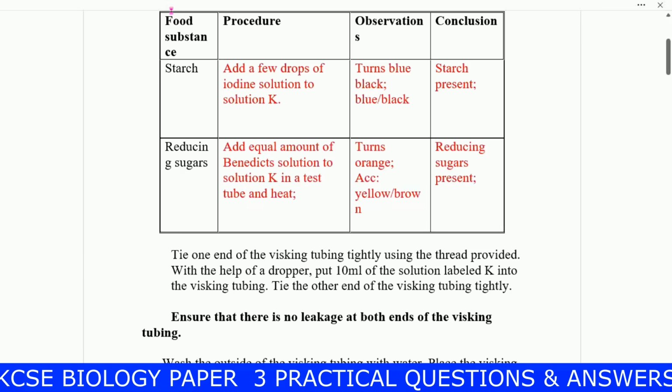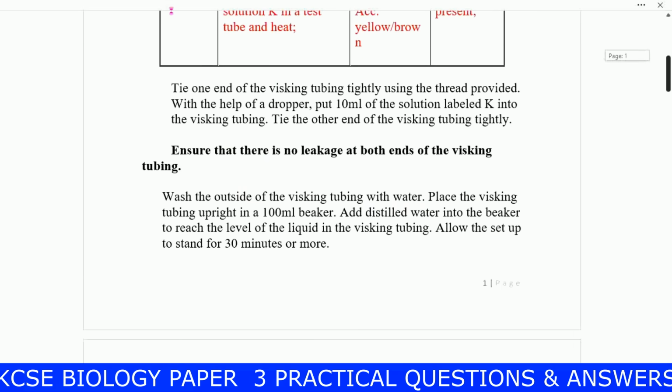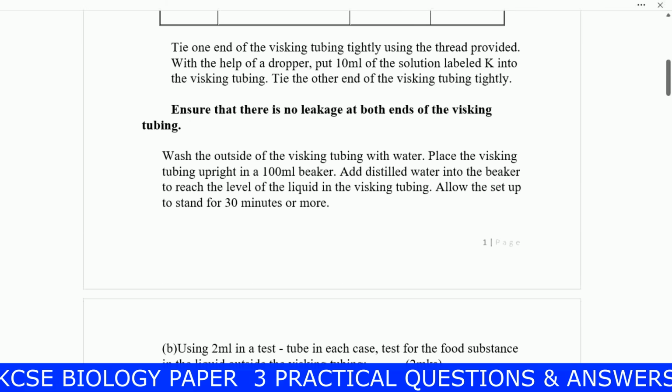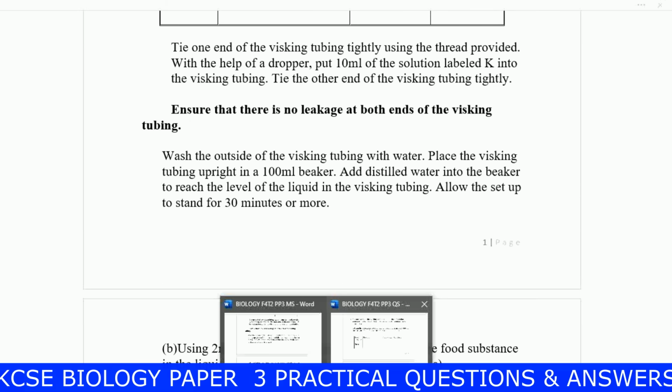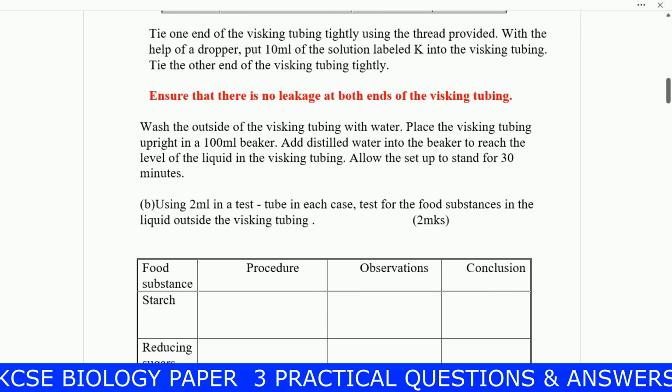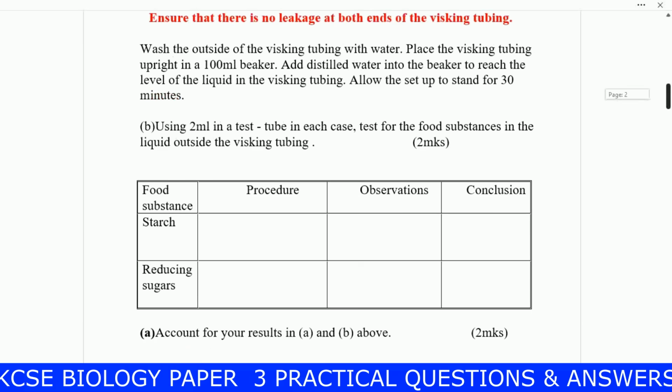We were dealing with question 2, whereby we followed the procedure as we stated. Now when you do like that, you are told to write the procedure.